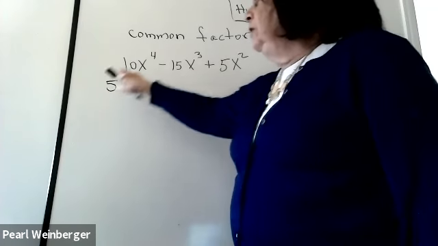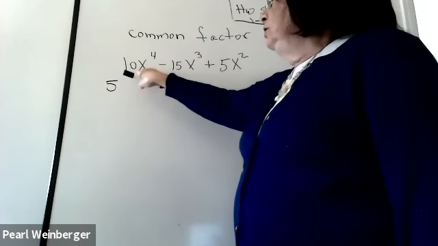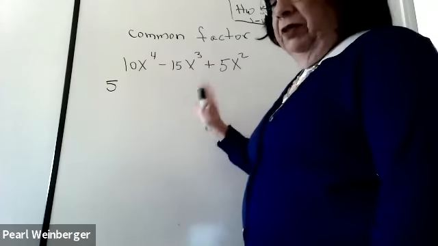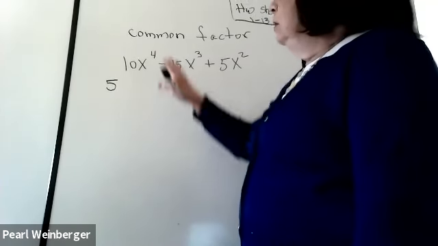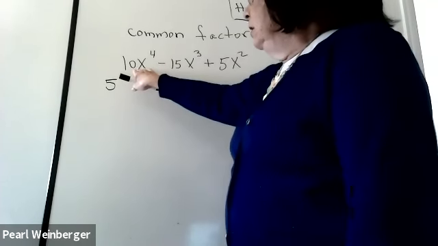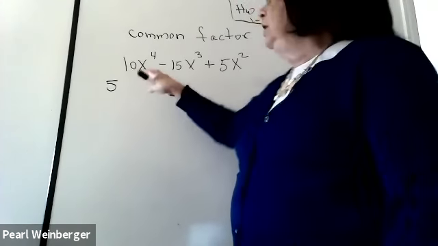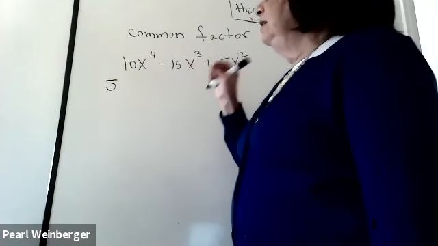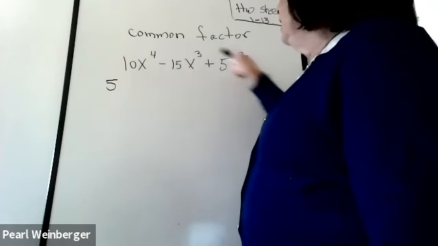Once you've done the coefficients, the letters are actually easier. In this case, it's just x's, but sometimes you have more than one letter in it. Let's look at the x's. Make sure each of the terms has an x in it. Well, they do. In that case, the common factor will be the x with the lowest exponent that you have.